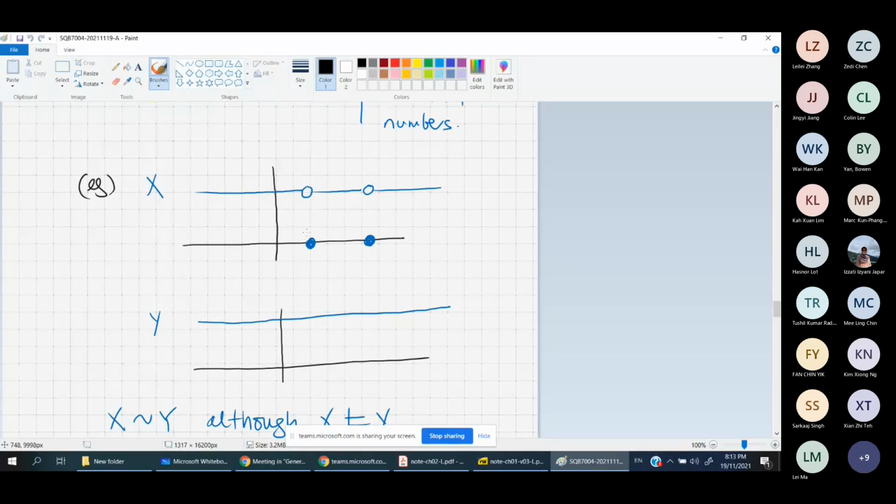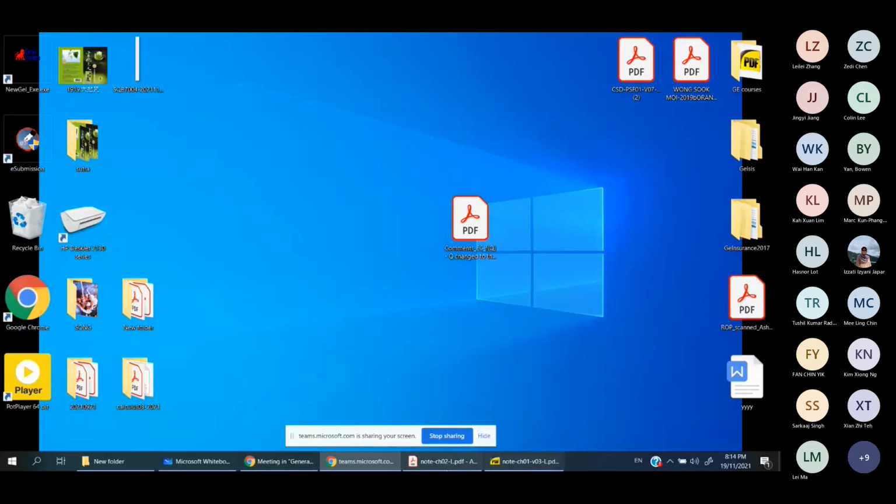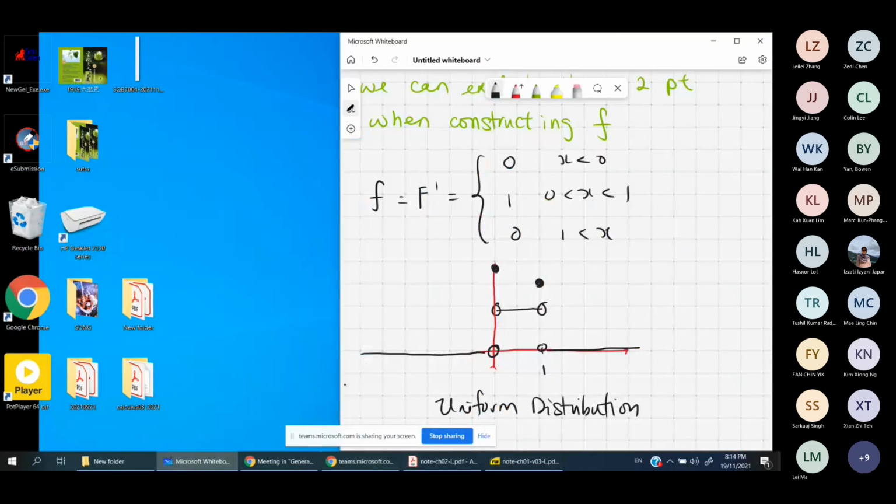So these two values will not affect the result. Okay, so that's why you can put these 2 points anywhere. To make it easy, in this example, instead of putting it here, we can just define it here. Okay, so by using this, we can define our fx as follows.